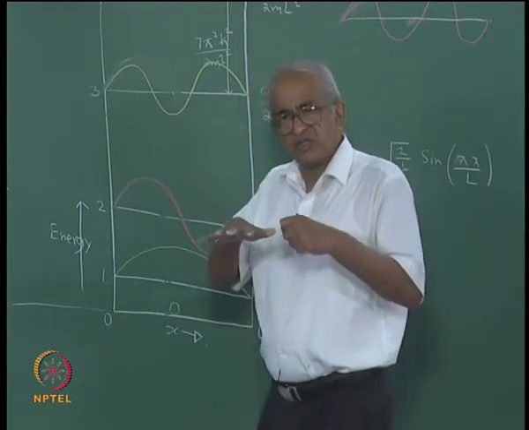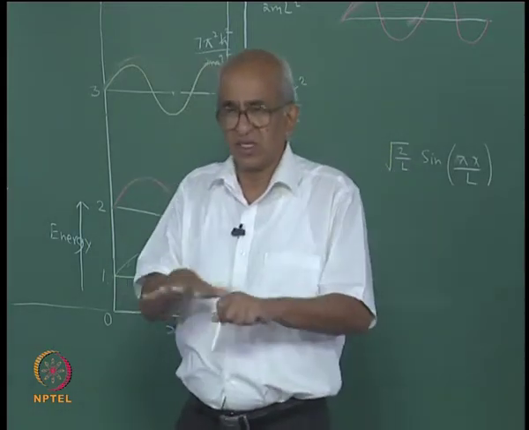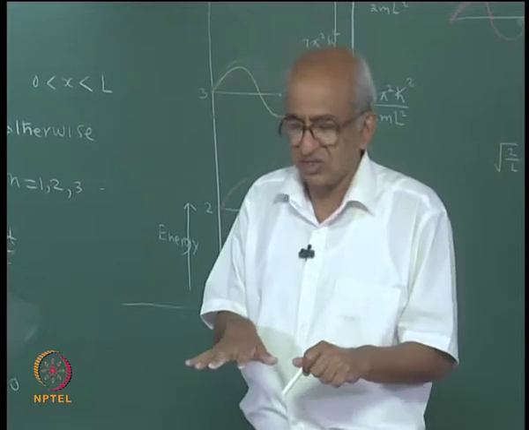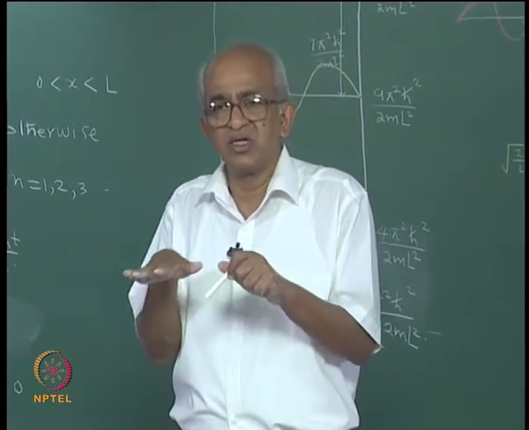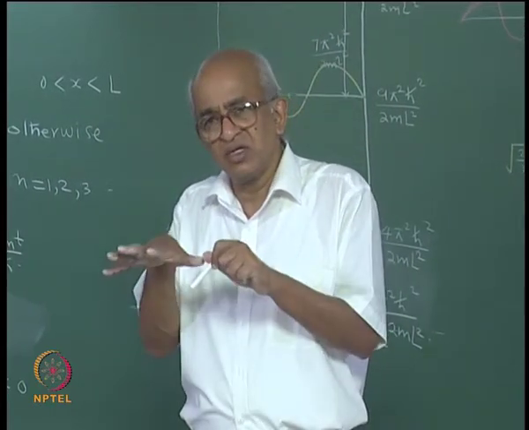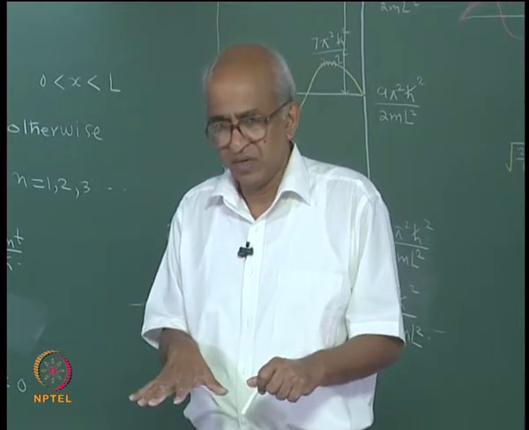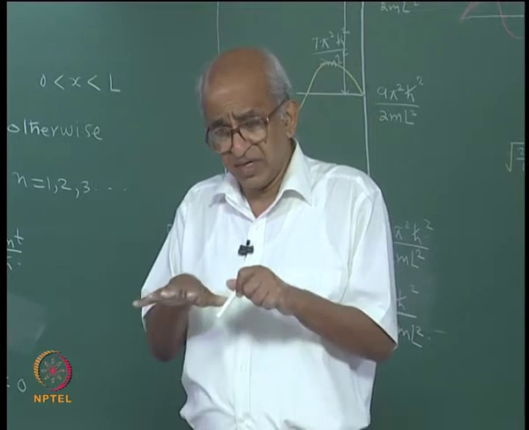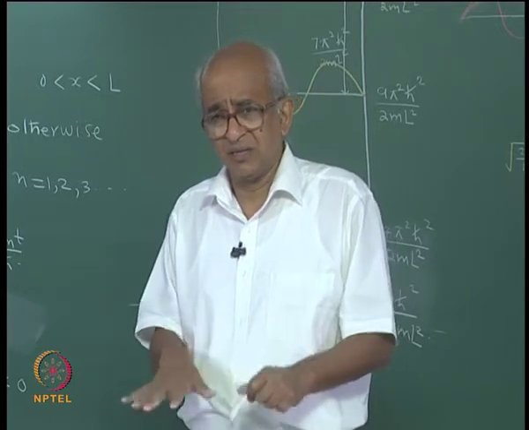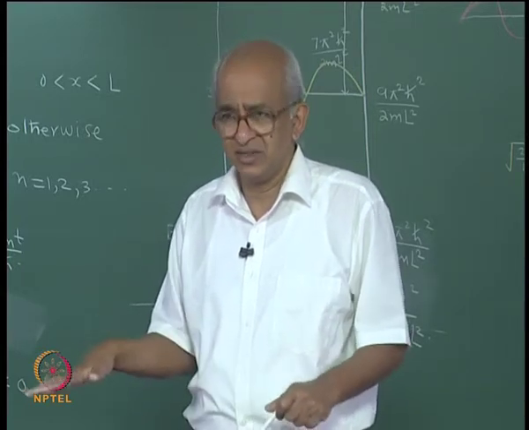But suppose your surroundings is at 0 Kelvin, which is an idealized situation. If the surroundings is at 0 Kelvin, your particle will be in the lowest possible state, right. But even in that lowest possible state, the particle has an energy.